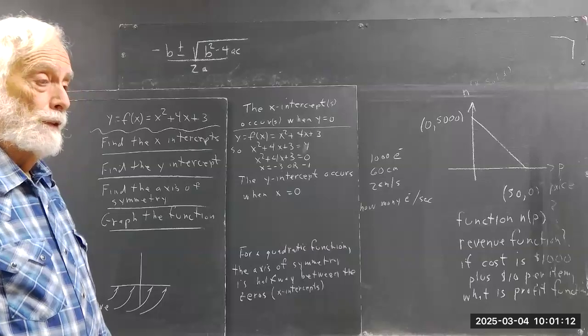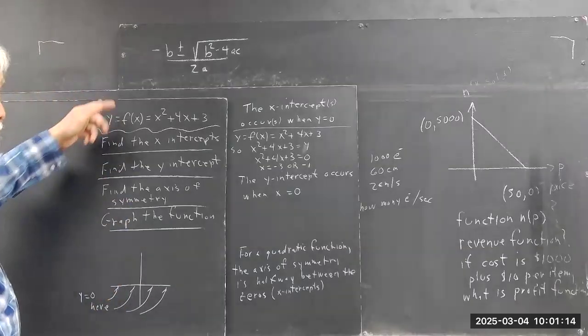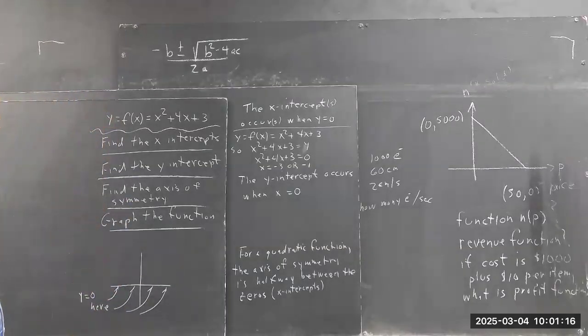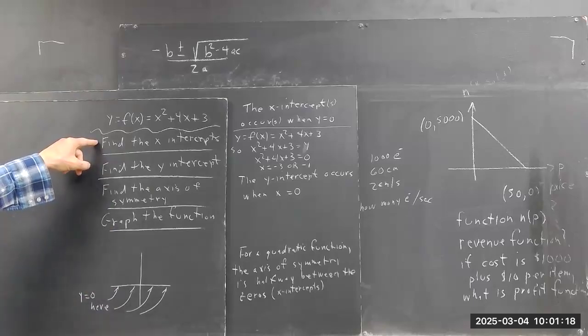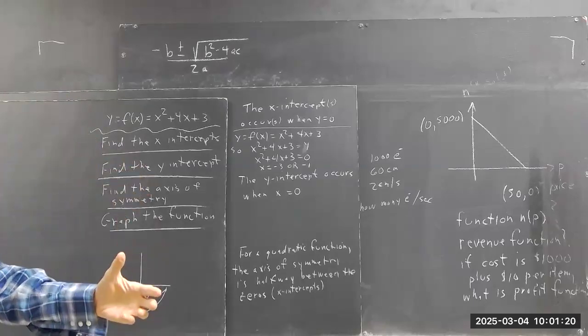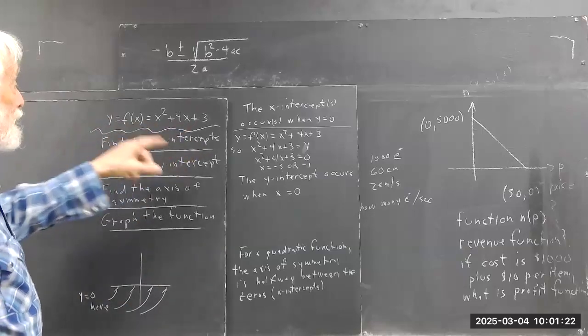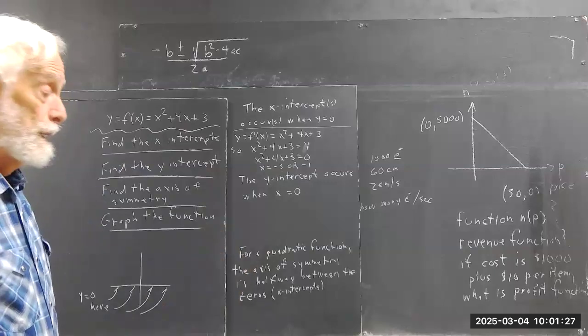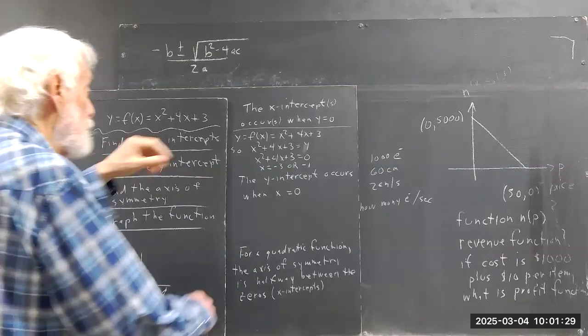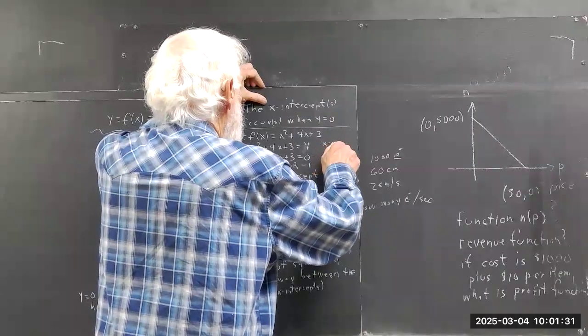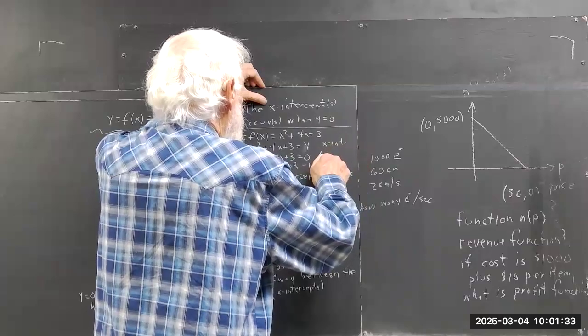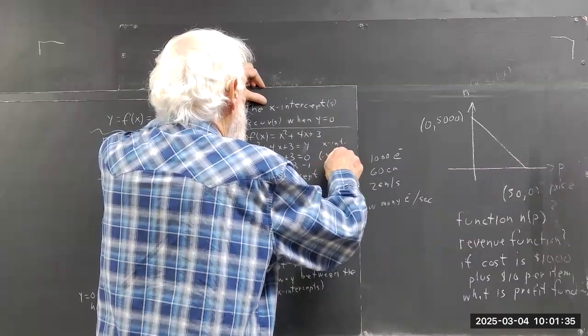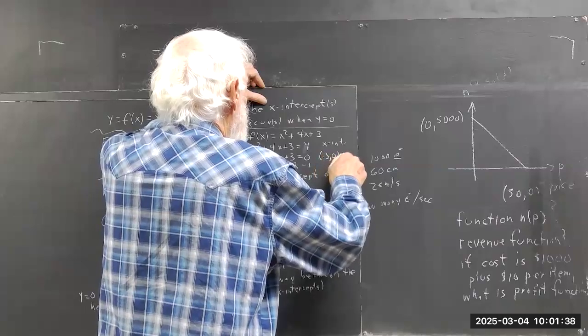So the first thing you need to do when you see these questions is let y equal 0. Here's y equals this. You let that equal 0, and you get this equation, and you solve it. So the answers are -3, 0.